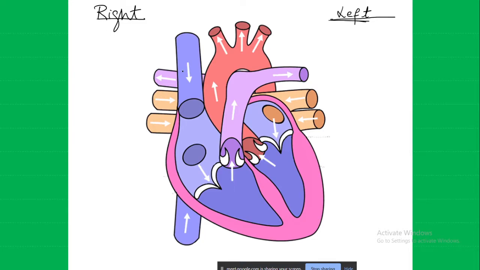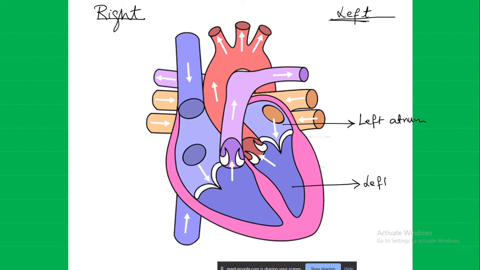Next, the chambers. Here we saw the atrium and ventricles. So let us first label the chambers of the heart. This will be the left atrium. And this will be the left ventricle.